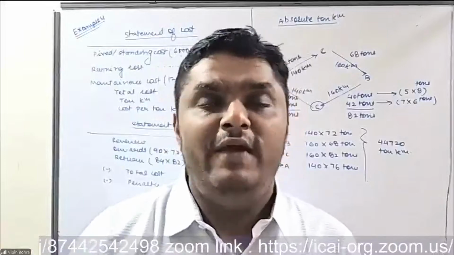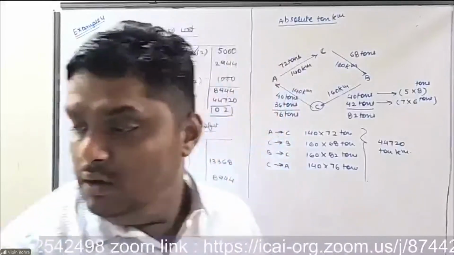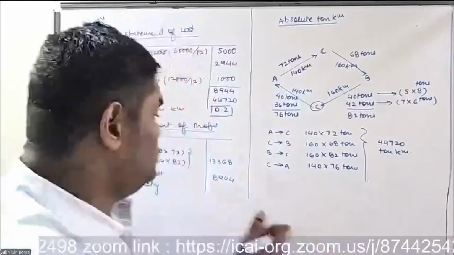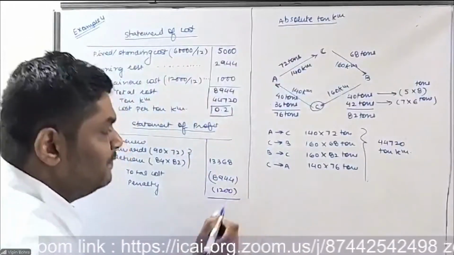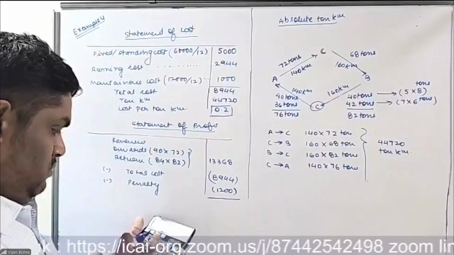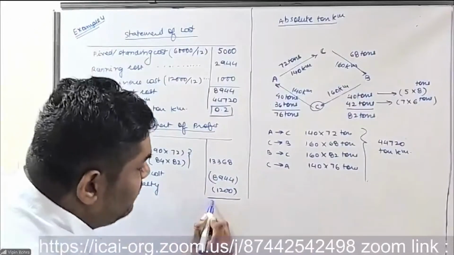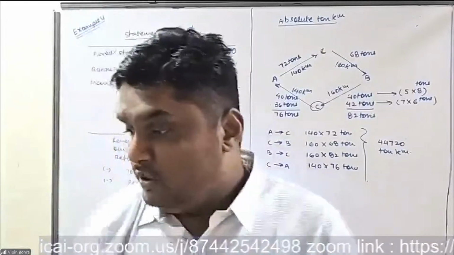But yes, while we have to calculate profit, we have to consider it in profit and loss account. So here the fine paid is rupees 1,200. So it will be deducted while calculating the net profit. So my net profit will be 3,224. So the question is complete.